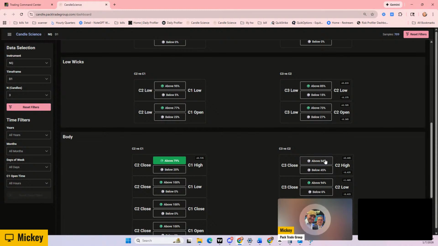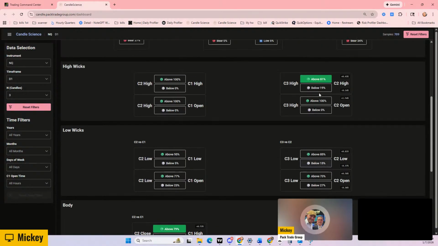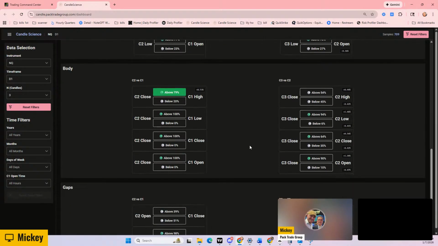So there's actually more probability to close above previous day high, above 54, after we've taken out the previous day high based off of what Monday and Tuesday has done. So now we have pretty good awareness that the close above previous day high is the highest probability for the close.